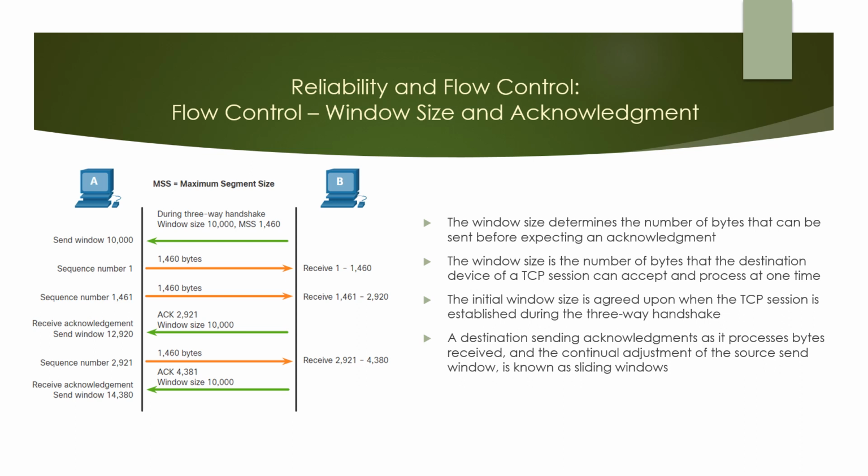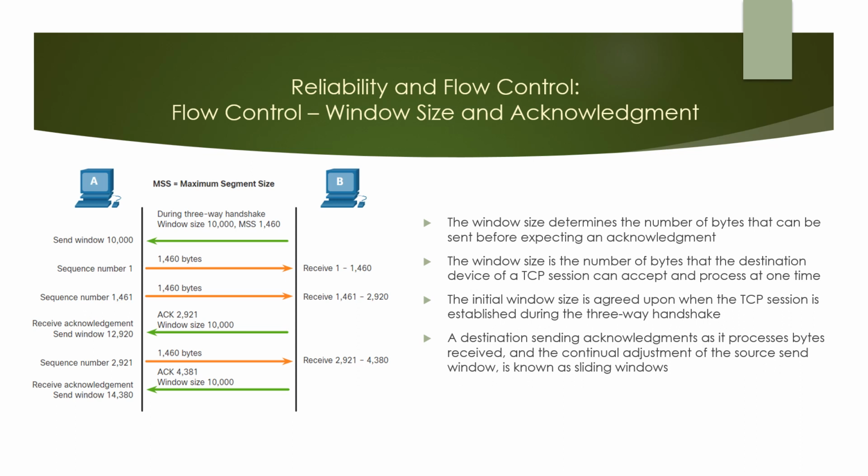The send window of PC A increments or slides over another 2,920 bytes from 10,000 bytes to 12,920 bytes.